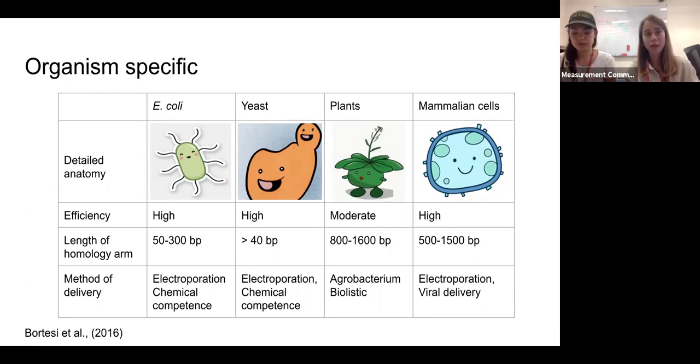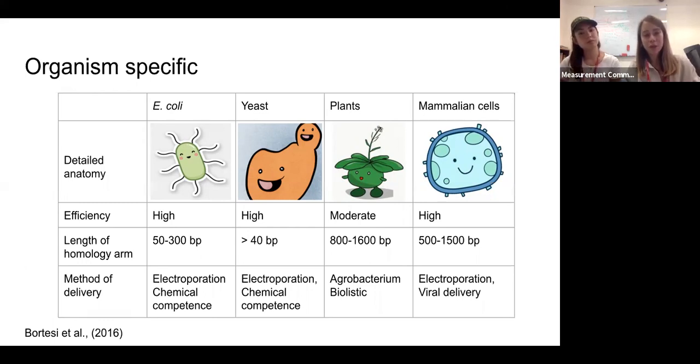So it depends a lot on your application of CRISPR and which system you're going for. So overall, CRISPR is highly efficient in all of the organisms. It's only in plants, it's written moderate because everything that you do in plants is a bit moderate. It's a bit hard to work with them.